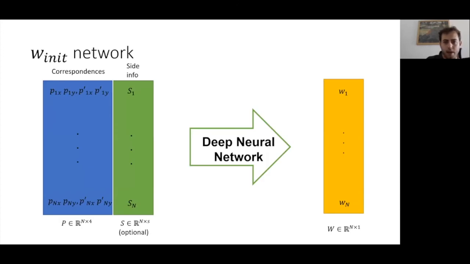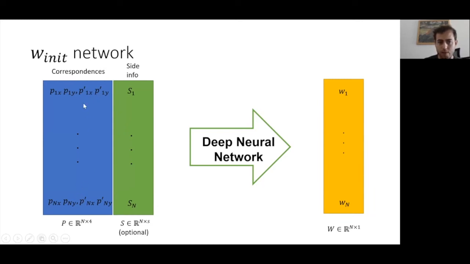Okay, so they have 2 neural networks. One of them is called WINIT. There is no initialization here, it just gets point correspondences. So we have n point correspondences, each one represented by 4 numbers, the XY coordinate in one image, and the XY coordinate in the second image.